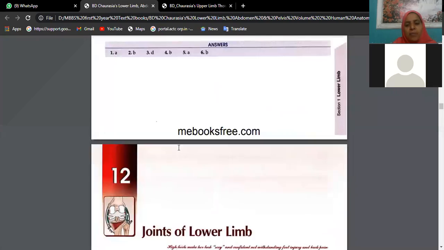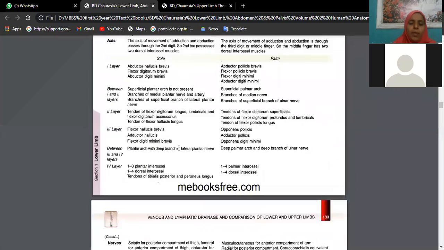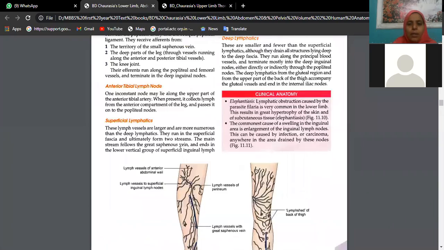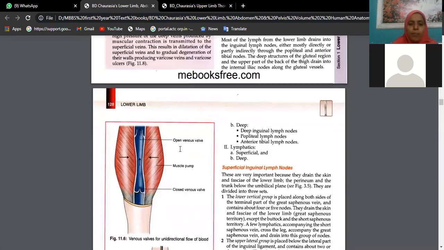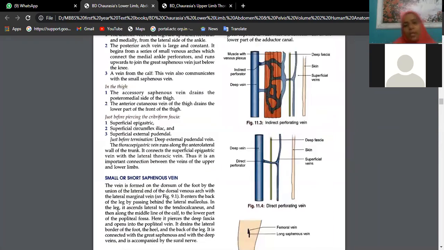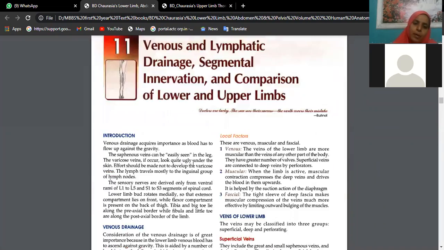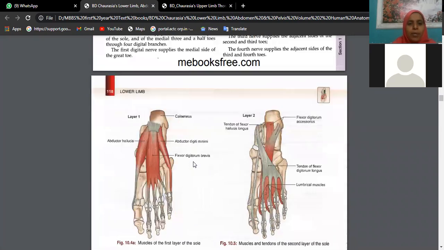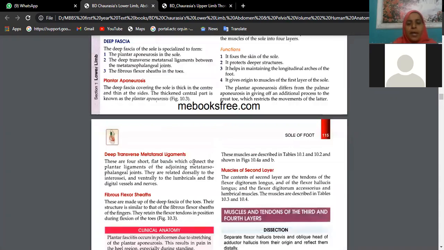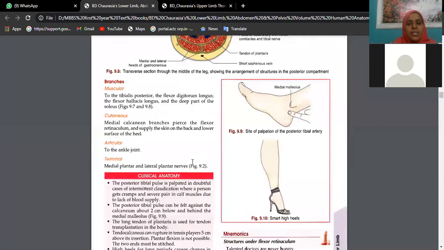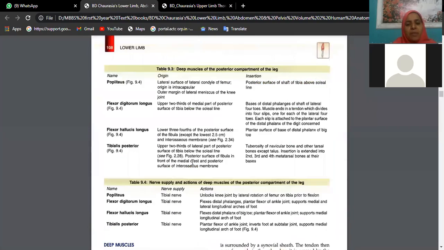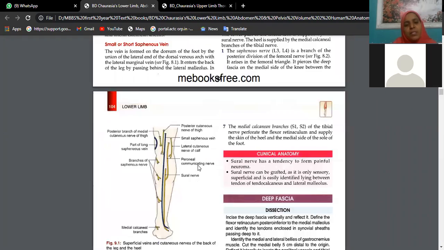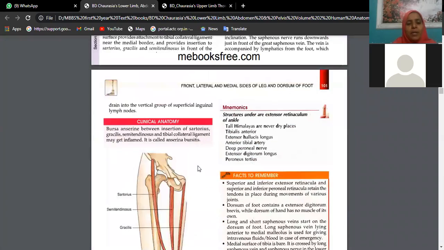Tibial and common peroneal nerve. The common peroneal nerve divides further into superficial and deep peroneal nerves at the neck of the fibula. That's the reason if the fibula is fractured, people suffer with foot drop, because the common peroneal nerve divides into superficial and deep peroneal nerves.